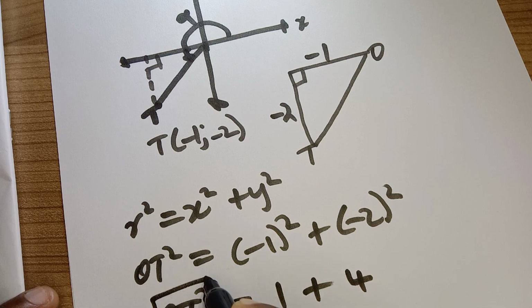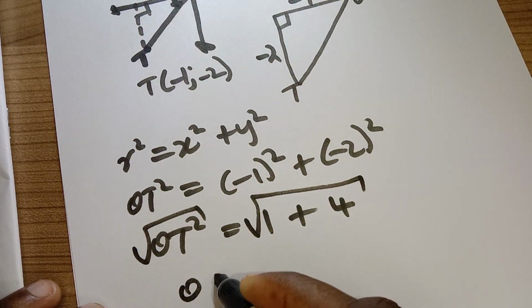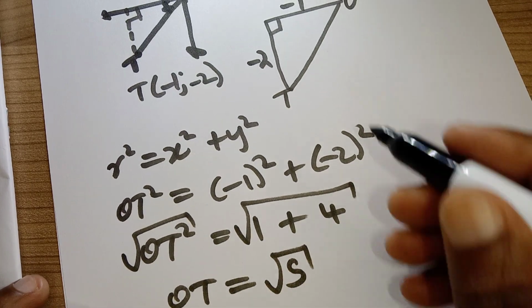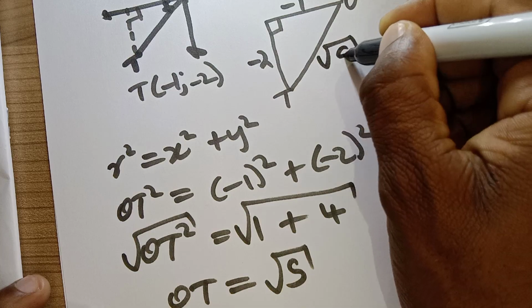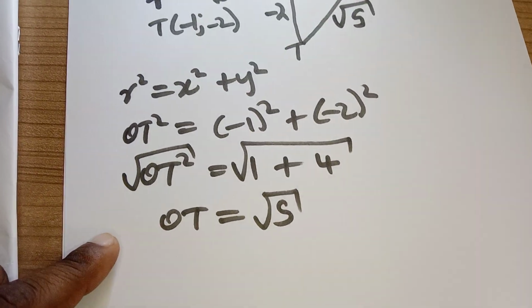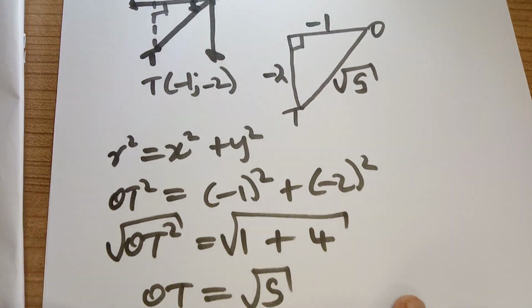Then here we want to remove the square, the square root both sides, okay? Then OT is going to end up being the square root of 5, okay? Then here we are having the square root of 5. Sorry for that. Then we are going to have the square root of 5 like that, okay?